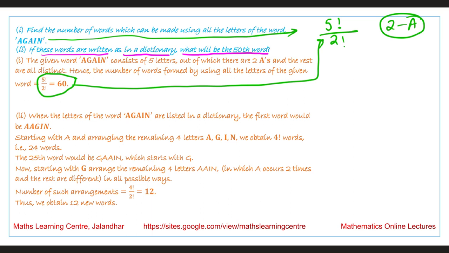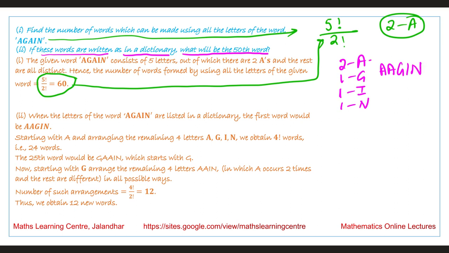We have the alphabets 2 A, then 1 G, then 1 I, and then 1 N. So the first word that can be formed is AAGIN.